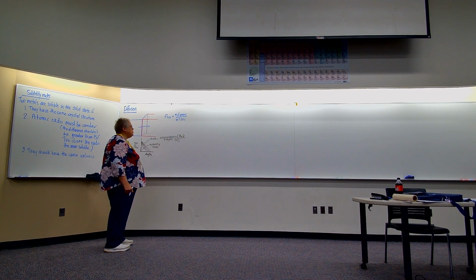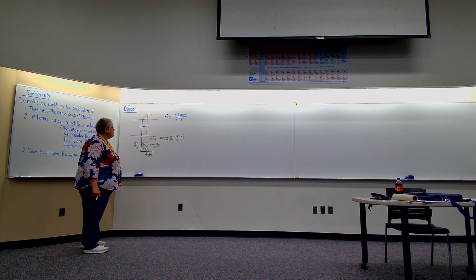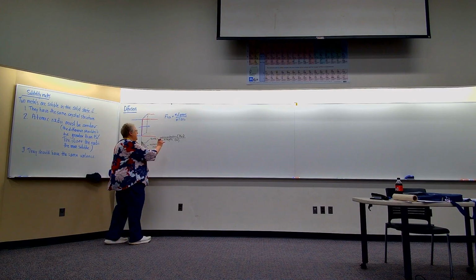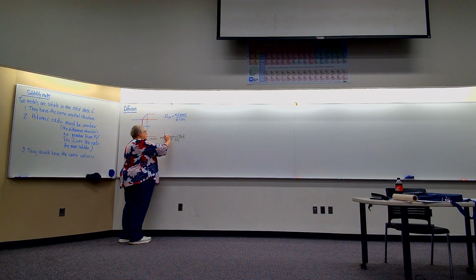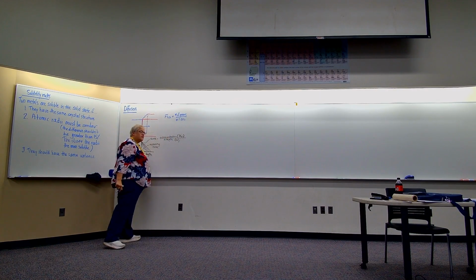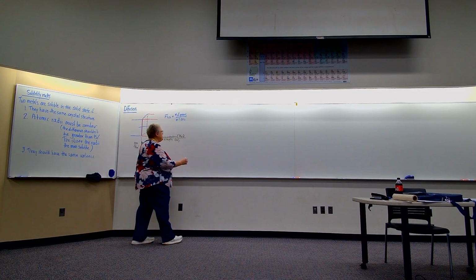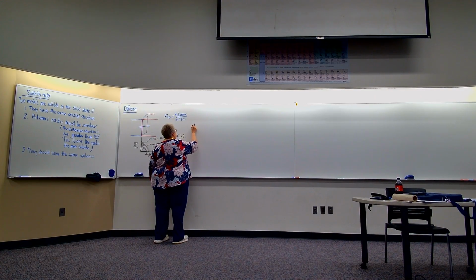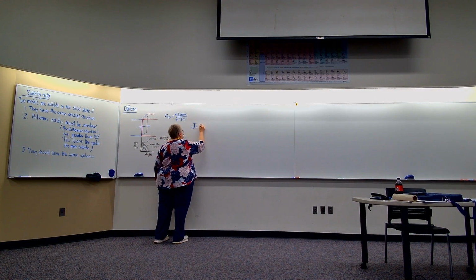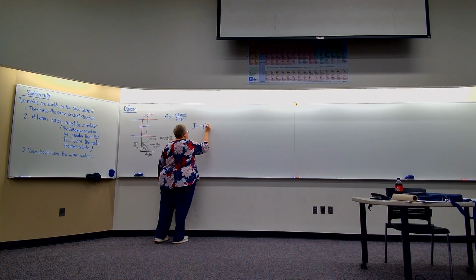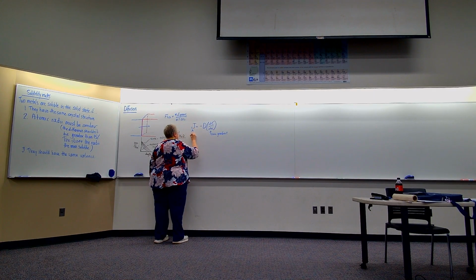So diffusivity is going to be some proportionality constant between this concentration gradient and the flux. And so the equation that we have is flux J is equal to negative D times dC/dx. So there's my concentration gradient, and there's my flux.